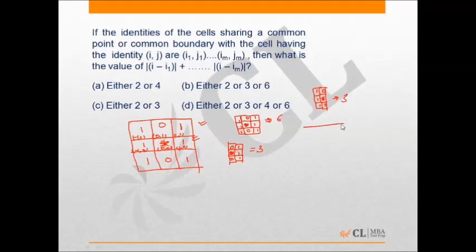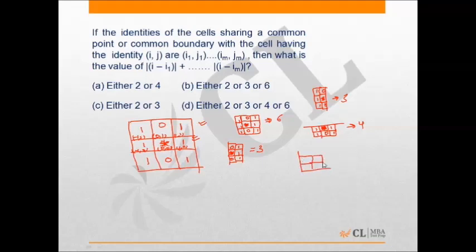If it is like this, let's say this is the centralmost cell, then we'll have this as 0, this as 1, this as 1, this as 1, this as 1, which comes out to be 4. 1 plus 1 plus 1 plus 1, right? And suppose it is like this. This is the centralmost cell.